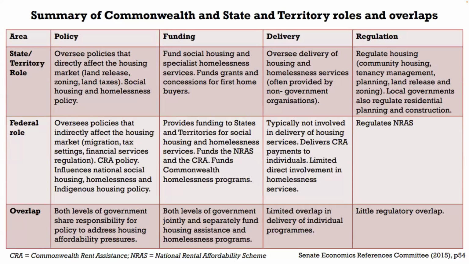So public housing is housing delivered by state or territory governments at a rate below the market value. Social housing, by contrast, is typically delivered by non-government organizations at a similarly reduced rate.